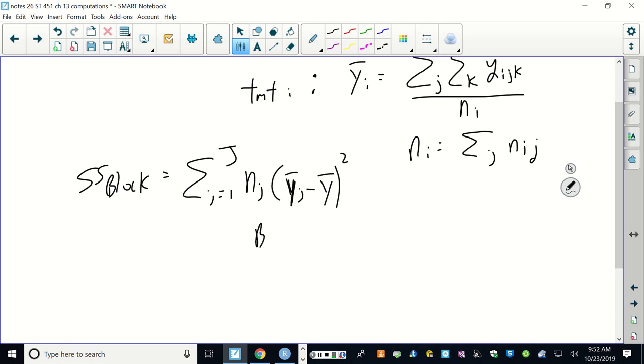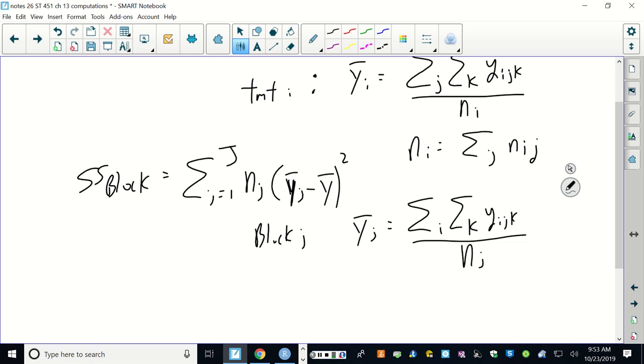And in block j, this y bar j is the sum over the treatments now, and the sum over individuals, i, j, k, all with a certain value of j for that block, over the number that are in there, and this n sub j then is the sum over the treatments of the number of individuals by treatment in that block.